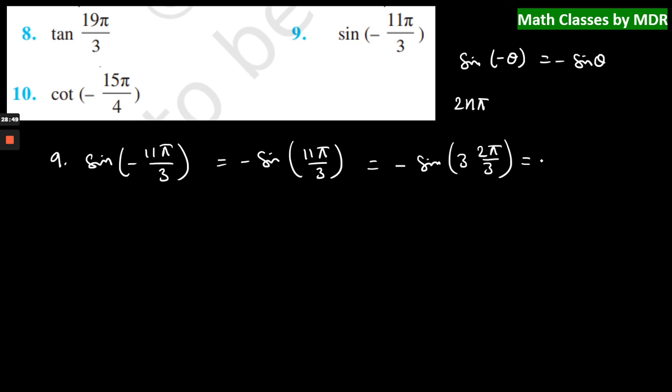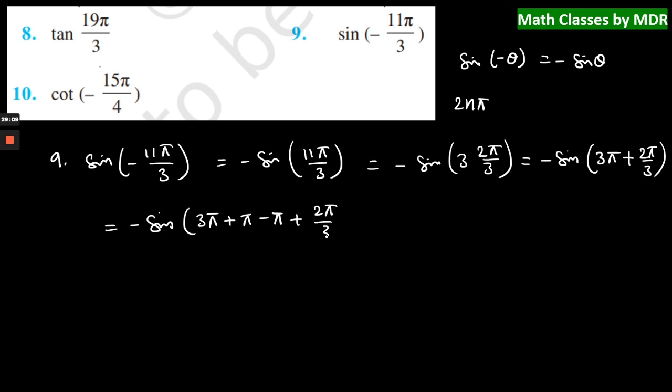So generally what we have here is minus sine 3 pi plus 2 pi by 3. In order to convert this 3 pi into 4 pi, let us add plus pi and subtract pi plus 2 pi by 3. Now 3 pi plus pi is 4 pi.